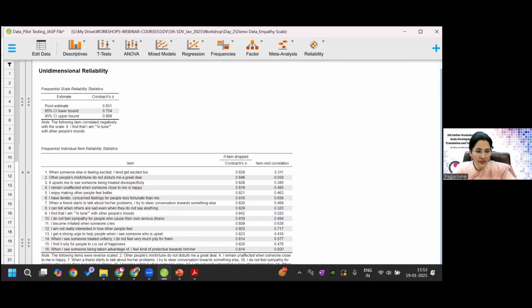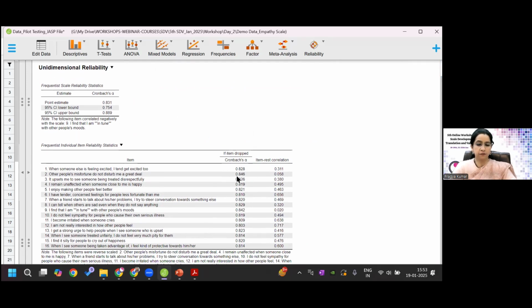So now these are the 16 items and it gives you the reliability statistics of each and every item. If you see this first column, it tells you what if this item is dropped. So the overall point estimate is 0.83. What if you drop? But before this, you can see this item-rest correlation.